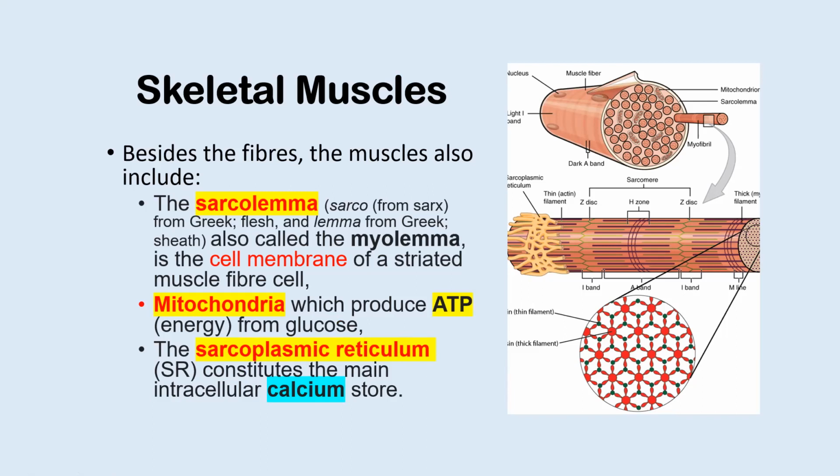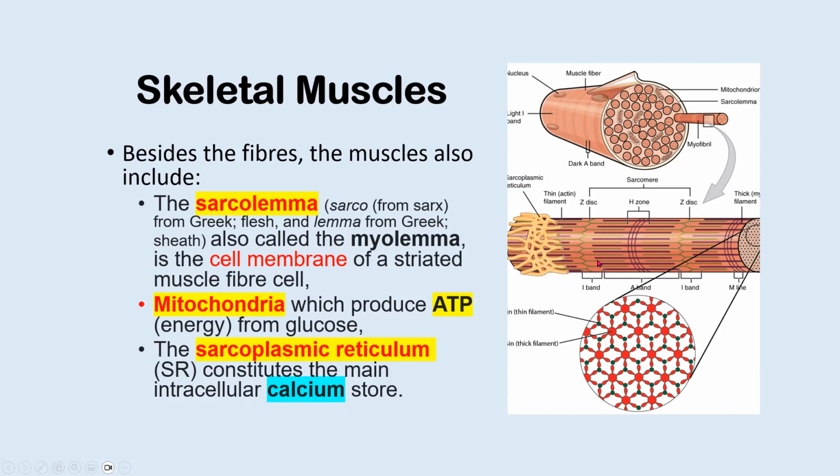So there's a storage area there. So what we have here is the basic fiber made of many fibers. Then it's surrounded by a sarcolemma, and then around that there's this sarcoplasmic reticulum.